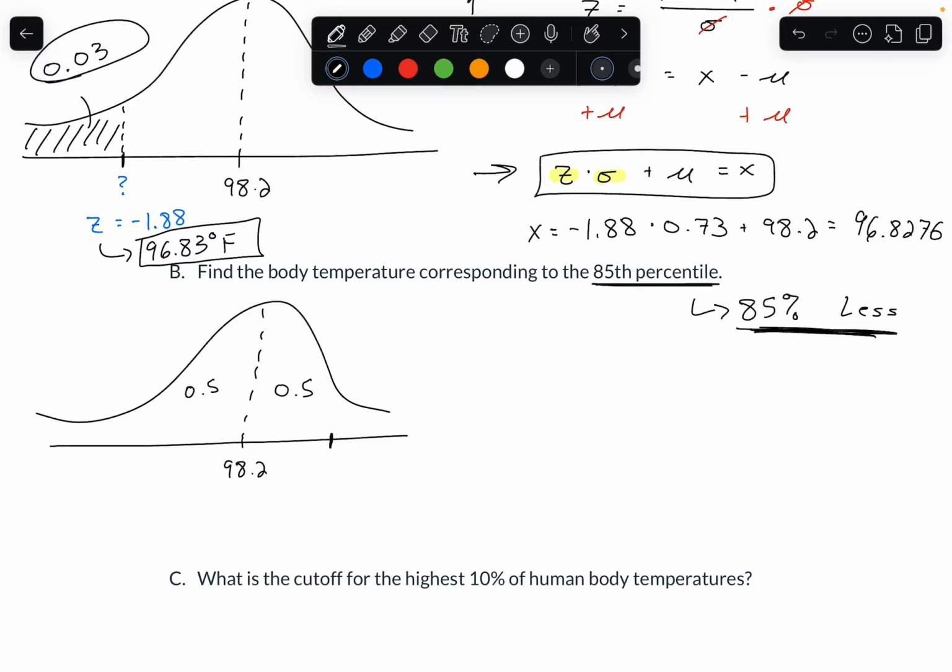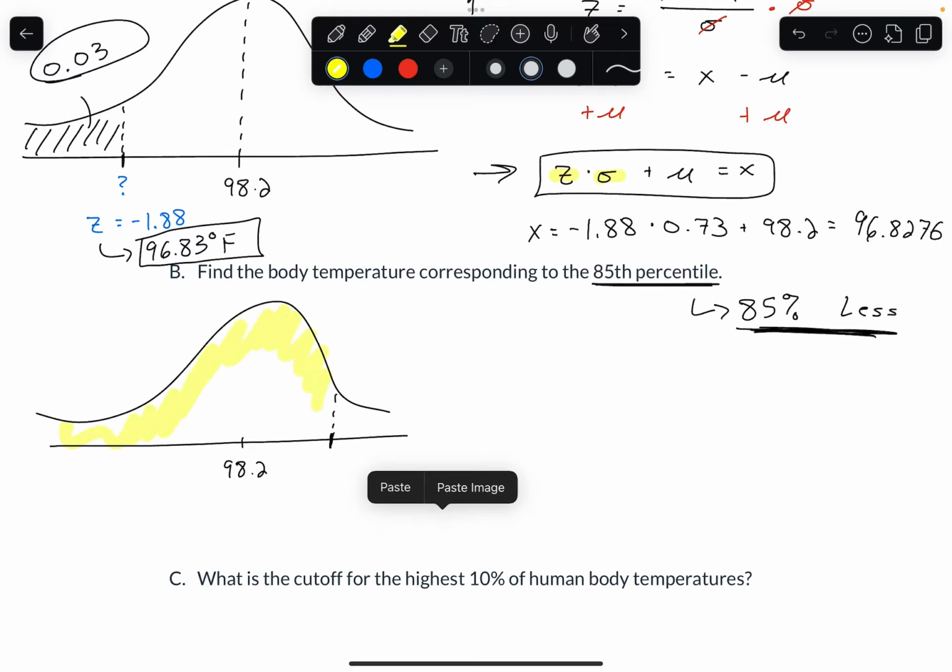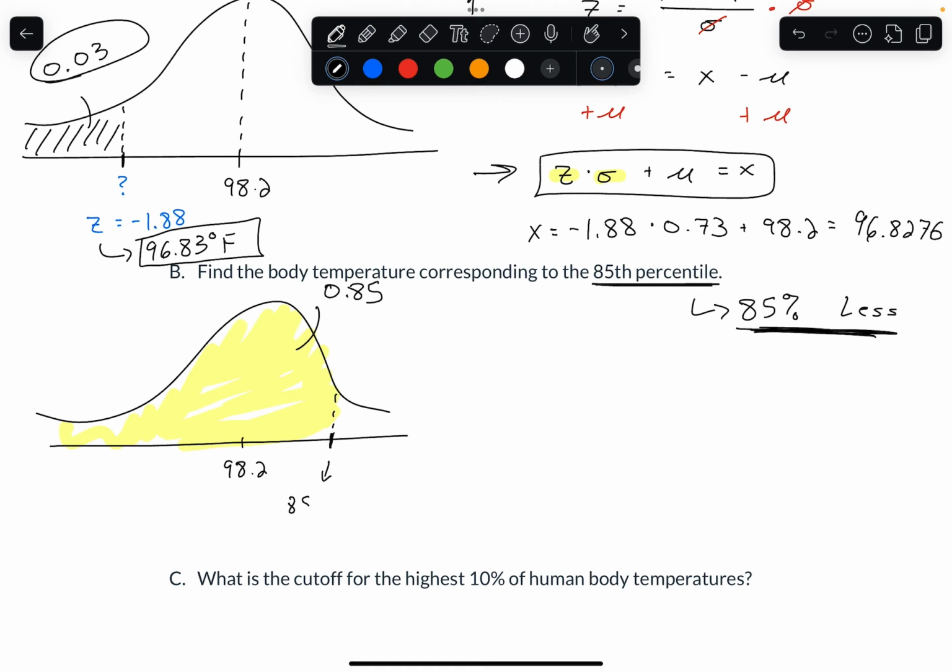So let's go ahead and erase just so that we've got this. I know that the area to the left of some number, I don't know what that number is, that's what we're going to try and find. The area to the left of that number is 0.85. This number represents the 85th percentile.